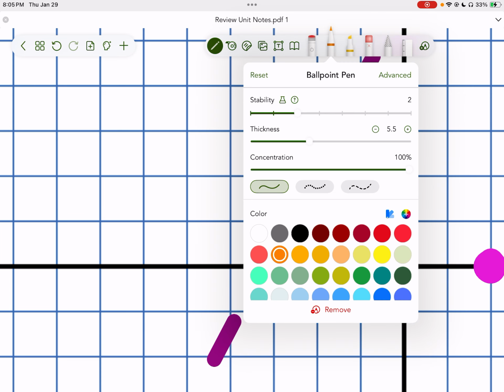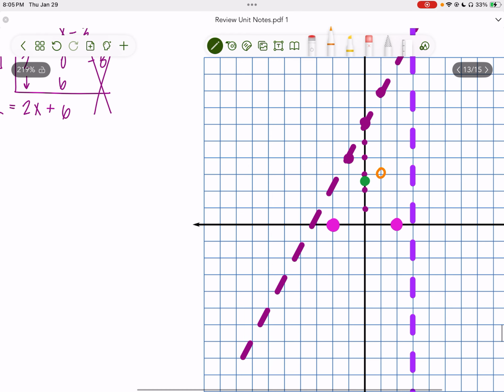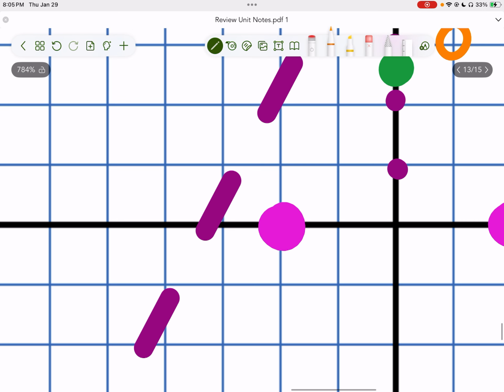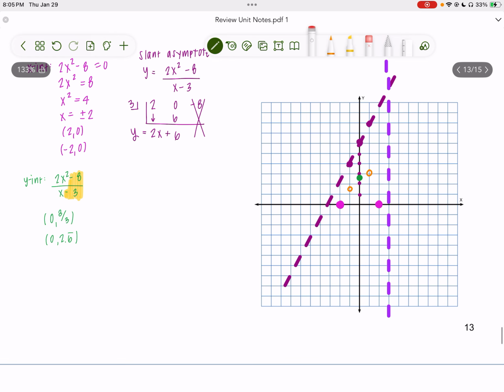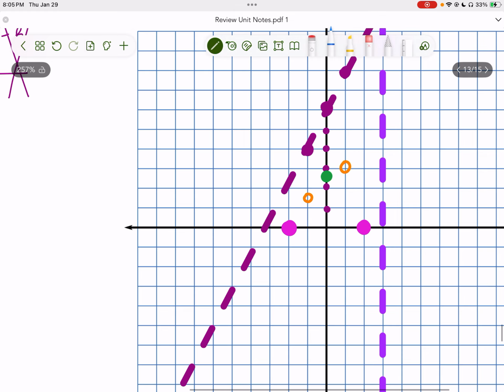And I'll make this thinner so you can really see that it's an open circle. And then we have another one at negative 1 and 1.5, so here. Okay, so what you should start noticing is over here, you have a lot of points that are starting to create some curvature. That's good, right? That means you're on the right track. So let's put this all together and graph.